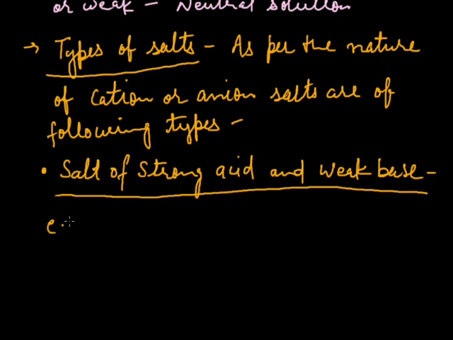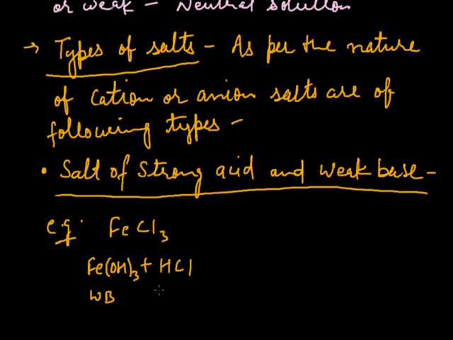Examples are FeCl3, which consists of Fe(OH)3, which is a weak base, plus HCl, which is a strong acid. When these two react, FeCl3 is formed.